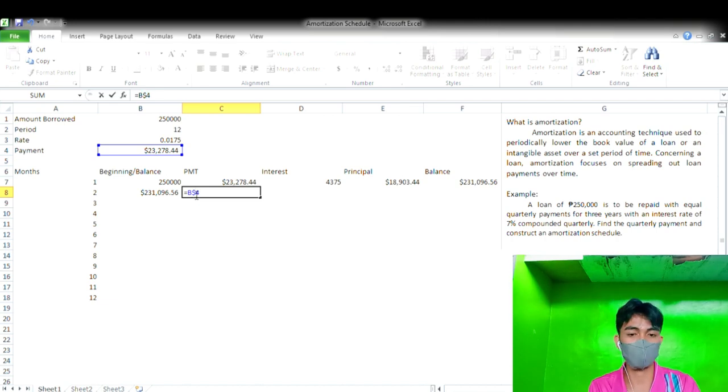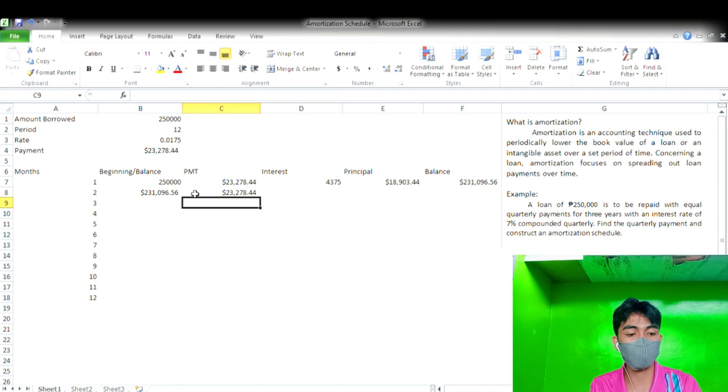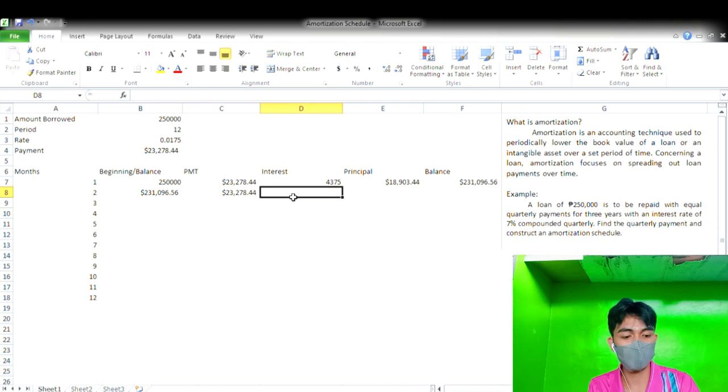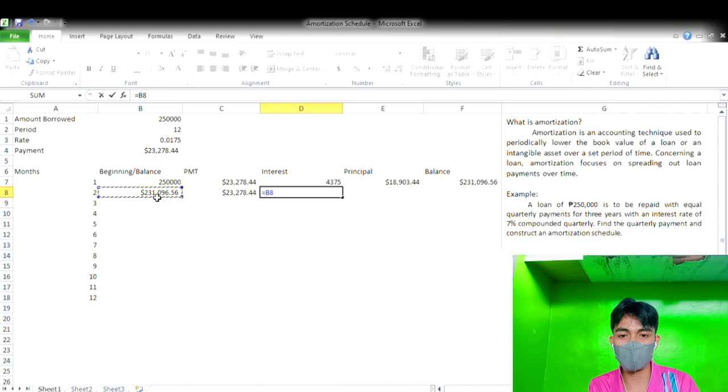Dollar sign, equals, that is our payment, and the interest now is equal sign, beginning balance times the rate.